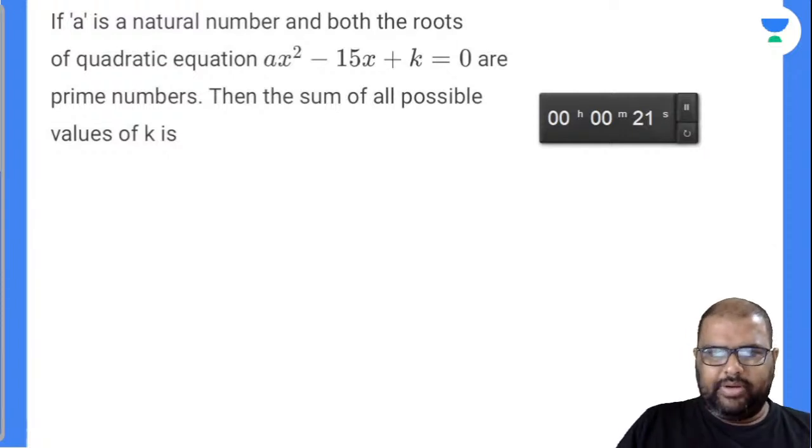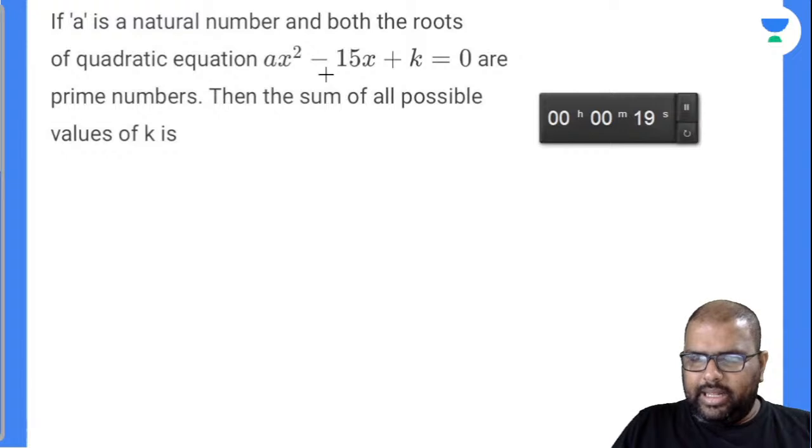I can help you in one part here. Can I write down this quadratic equation like this? ax square minus 15x plus k is equal to 0.